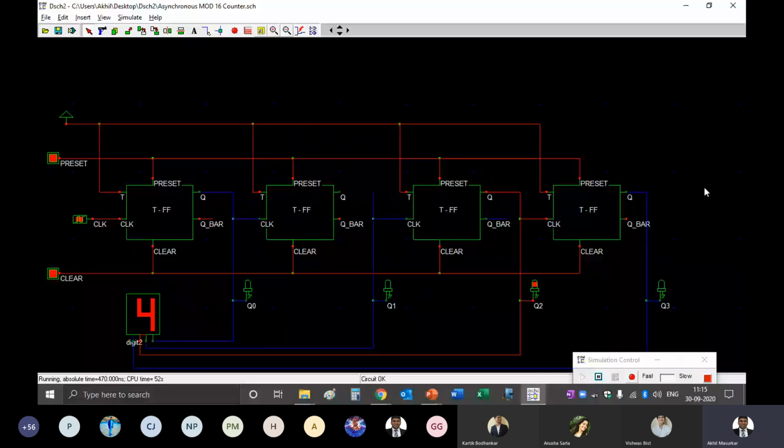So please copy this circuit. Once you are copying this circuit, done, just write done in the chat box.